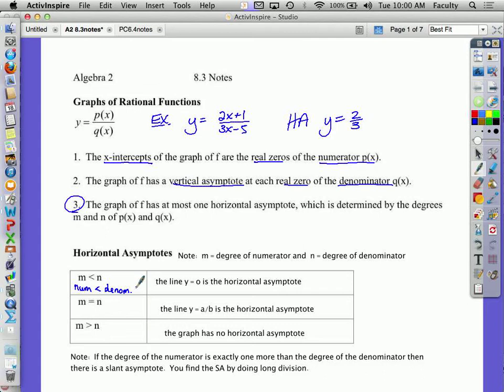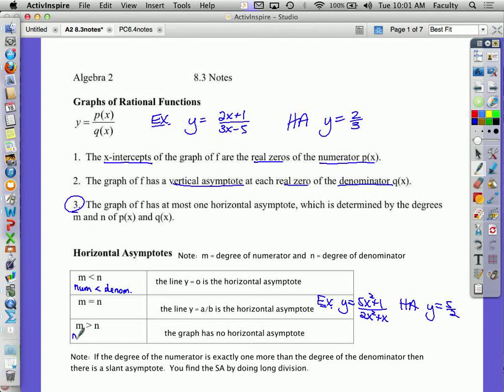When their degrees are equal, like here, but I can also do something like y equals 5x squared plus 1 over 2x squared plus x. If their degrees are equal, it's y equals 5 over 2. So it extends beyond just x and x. They can be x cubed, x to the 4th, x to the 5th. When they're equal, it's just the ratio of the coefficients of those two terms.